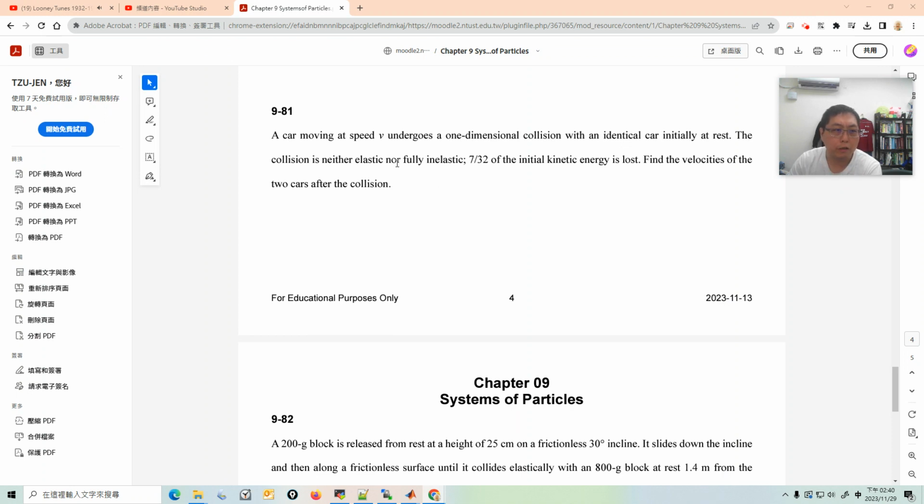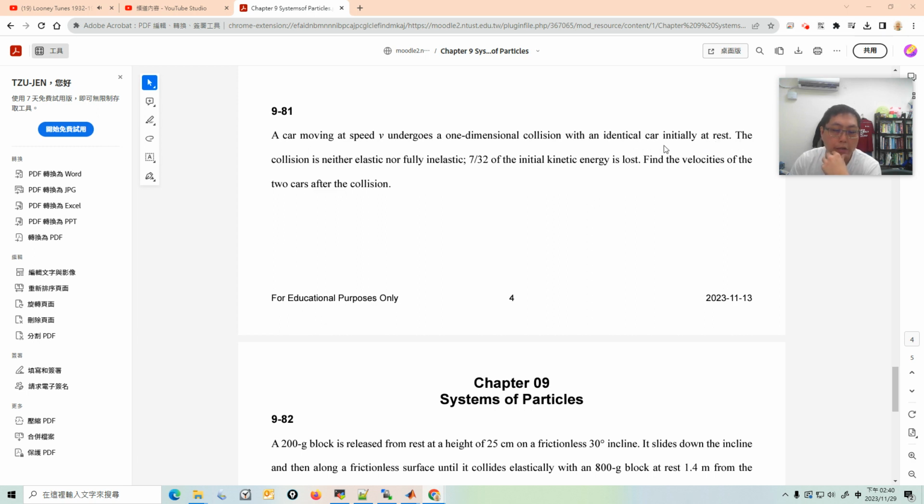So this problem says a car is moving at speed v, and v is given, and it undergoes a one-dimensional collision with an identical car. That means these two cars have the same mass, and the second car is initially at rest.